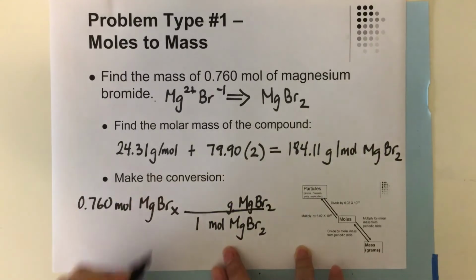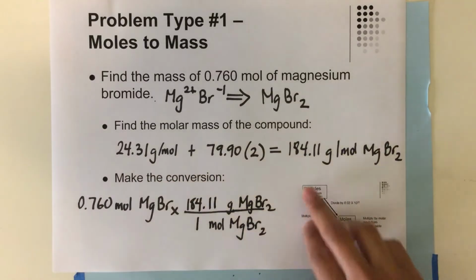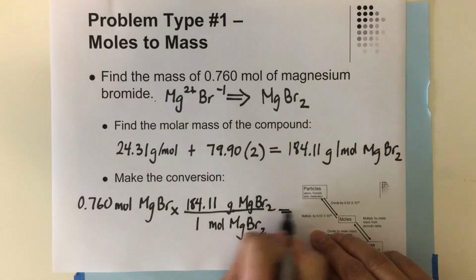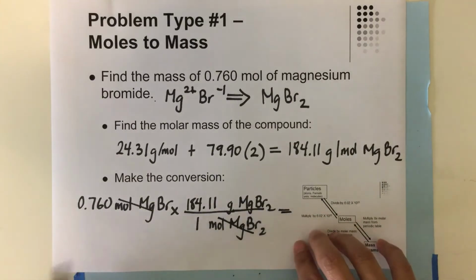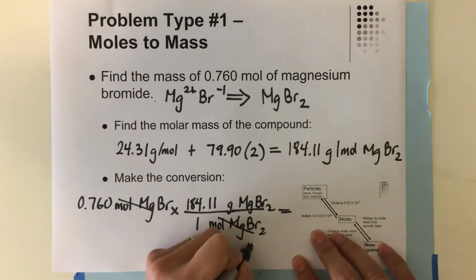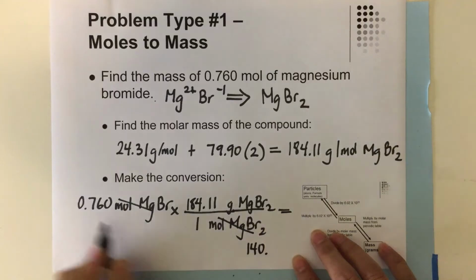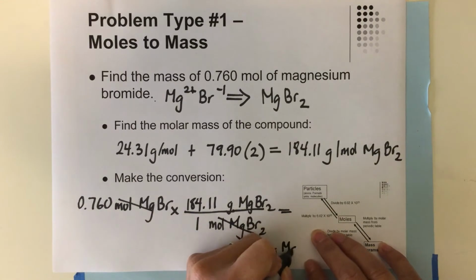So in 1 mole, there's 184.11 grams. Multiplying that through, cross-canceling your units, your dimensions, you'll end up with a value of 140. with a dot at the end, because there's 3 sig figs here, grams of magnesium bromide.